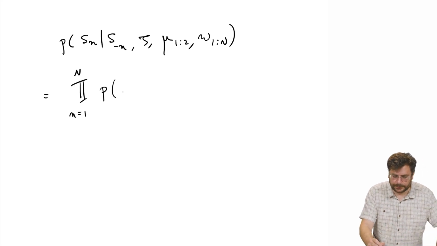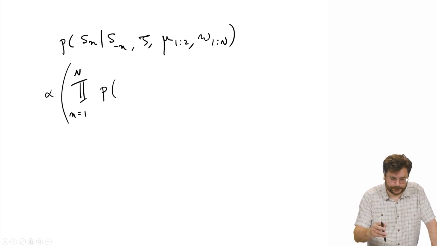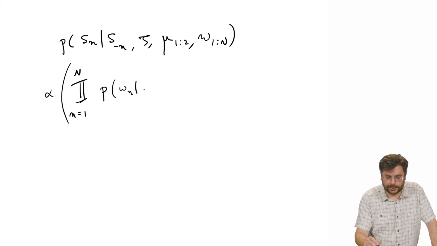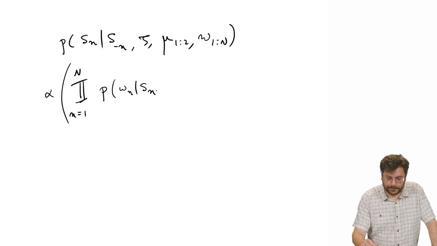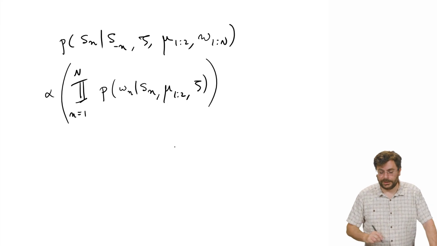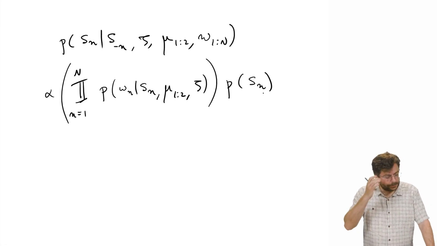This is going to be, again, proportional to P of Wn conditioned on Sn, mu 1 to 2 and tau, multiplied by P of Sn.